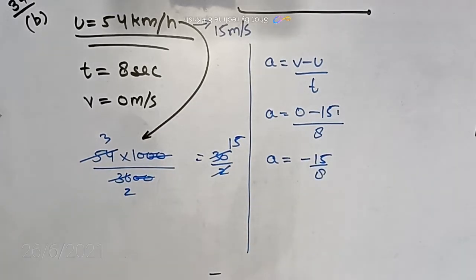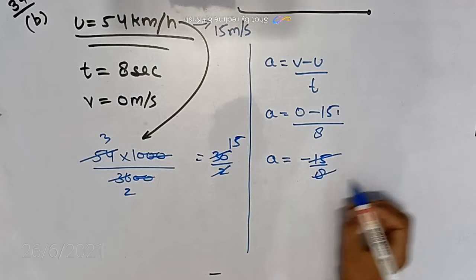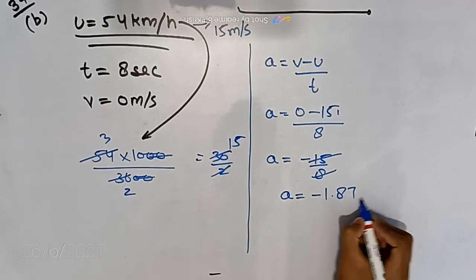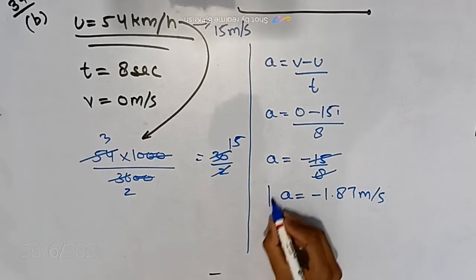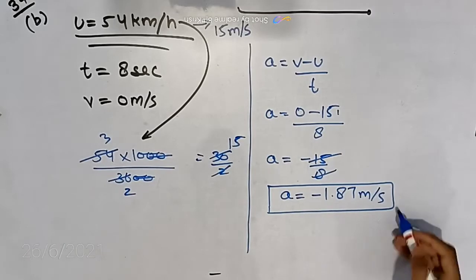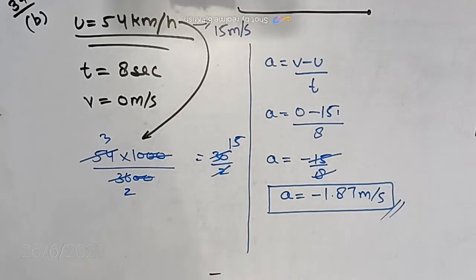Friends, this answer will come in approximate, so we will find this answer in approximate only. So a equals approximately minus 1.87 meter per second square. So this is our acceleration for this question, and this is our answer of question number 34th B part.